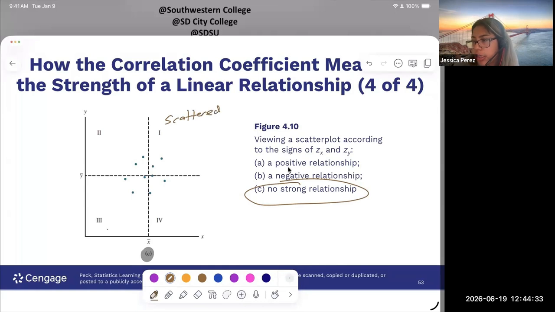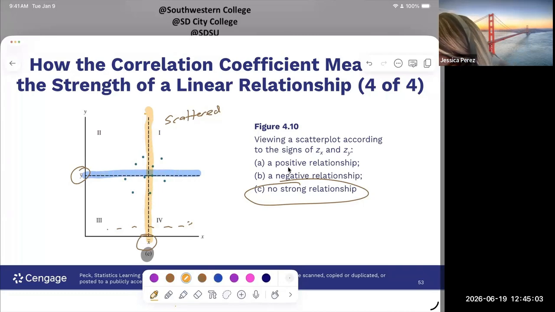As I'm moving forward here, look at the value of x bar and here we have a y bar. Let me make this a different color. Here we have x bar. Over here we have y bar. If we look at these points right here, we notice that this value x is greater than x bar.